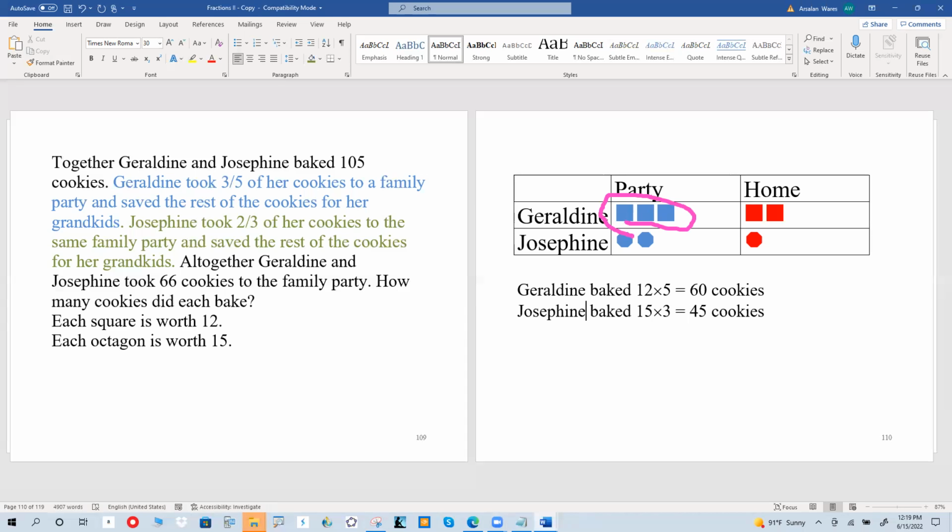If Josephine baked 45, this has to be 30 and 30. I'm kind of checking my work. 30 plus 36 is 66. So I know for sure my answer is correct. It matches both given conditions.